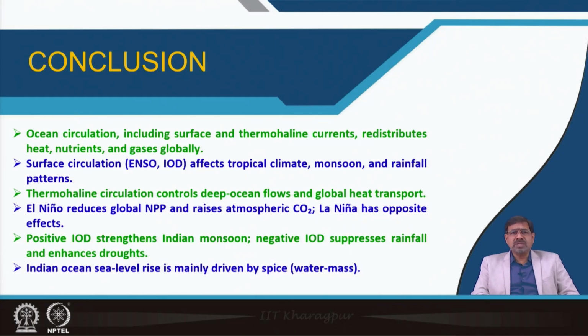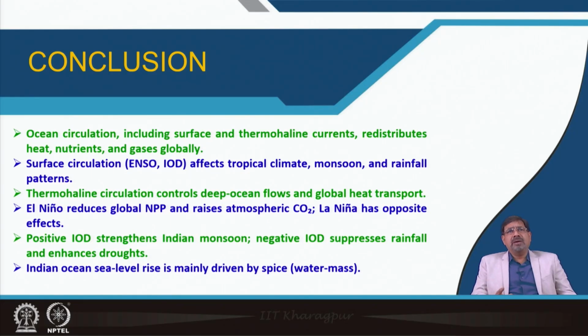El Nino reduces the global NPP and raises atmospheric carbon dioxide, whereas La Nina has the opposite impact. As we discussed, in the South Asian side and Australia, because of El Nino we are receiving drought, and because of La Nina we are receiving more than normal monsoon, sometimes leading to flood in Australia and the South Asian region.